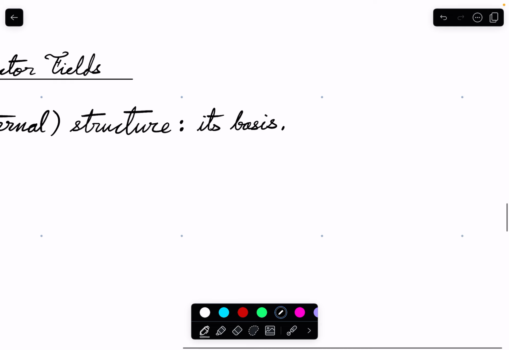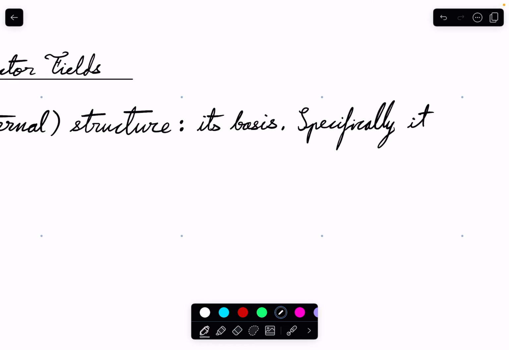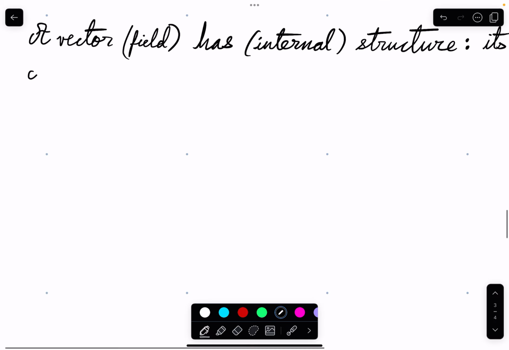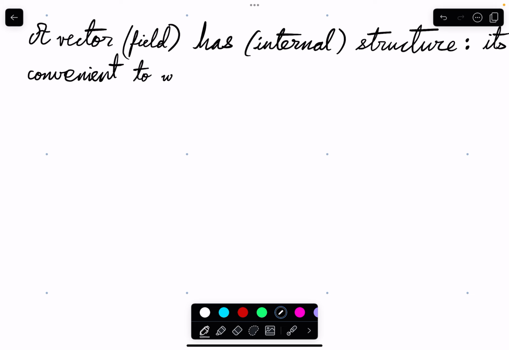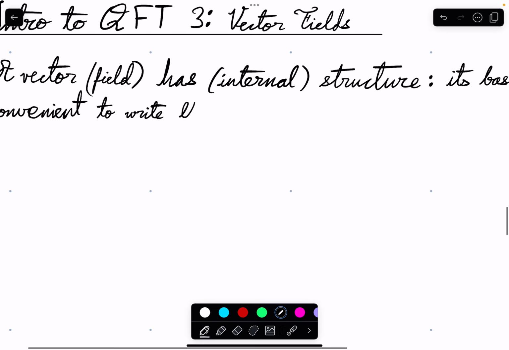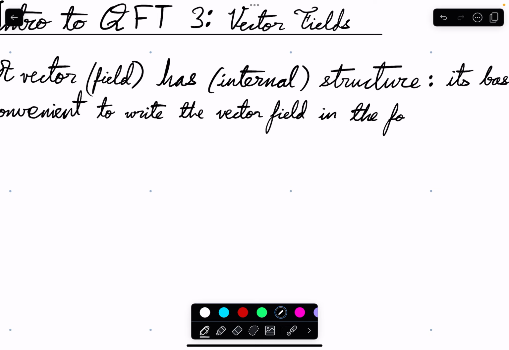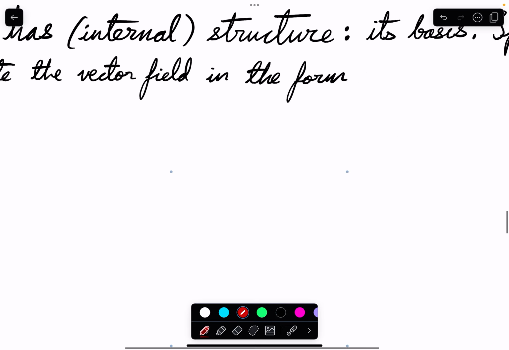So specifically, it is convenient to write the vector field in the below form, where this A mu, which relies on the spacetime position x mu, can be written as epsilon mu f of x mu.